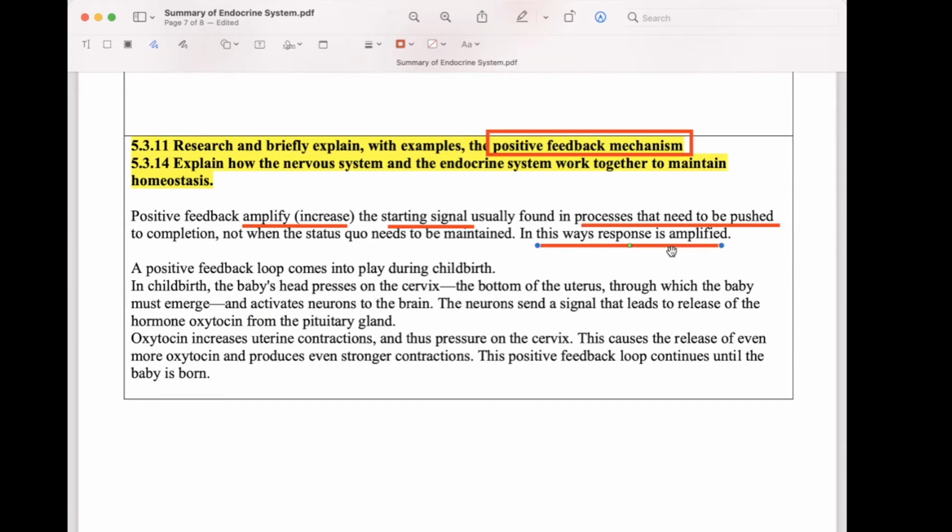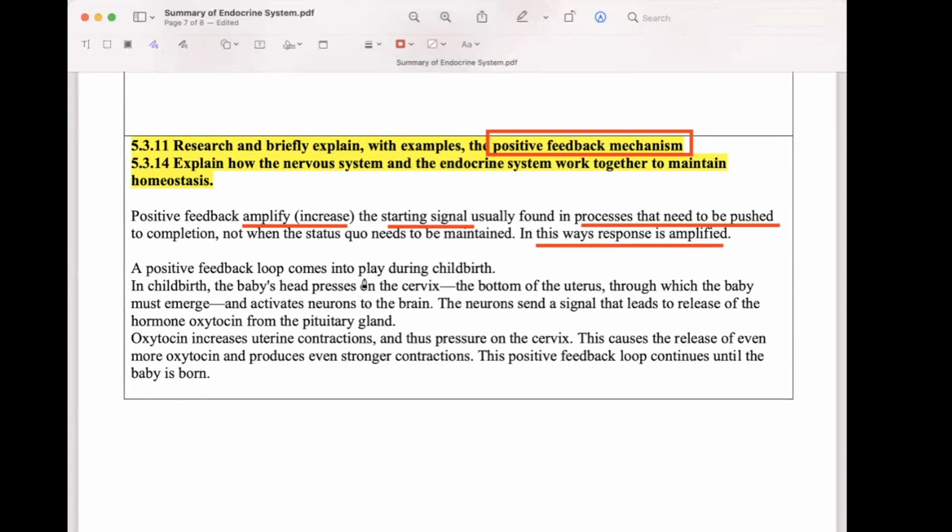So whatever you are doing in the process will be increased until the process finishes. Okay, so this is how we work. Now we have to see some examples of positive feedback.